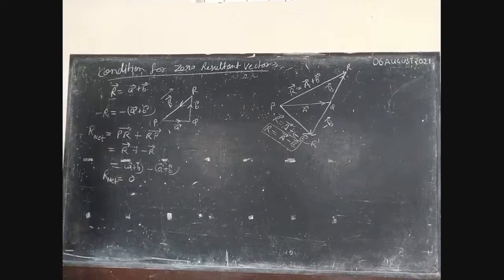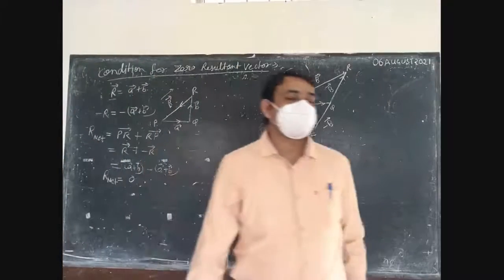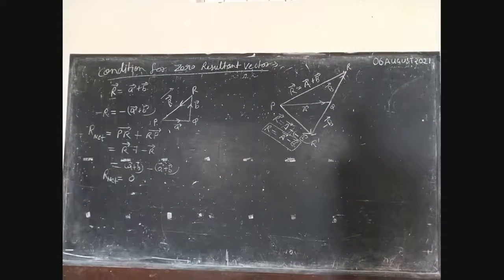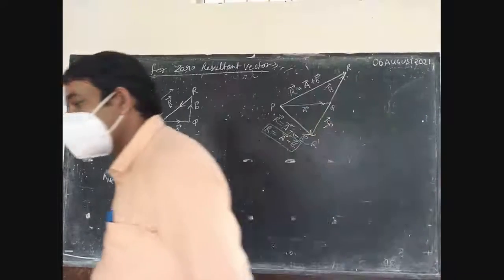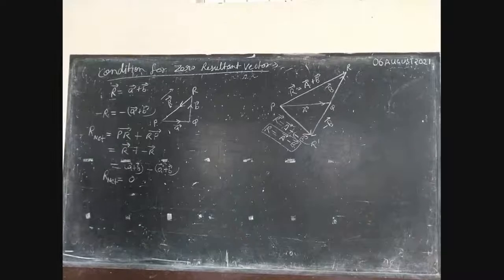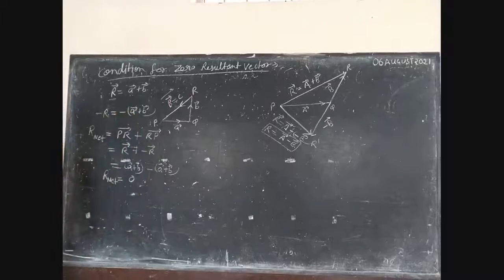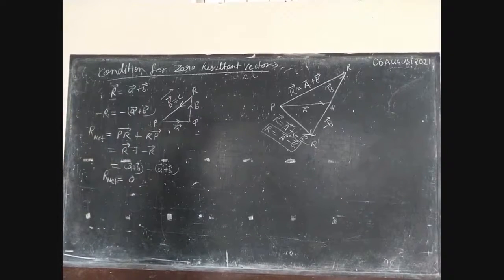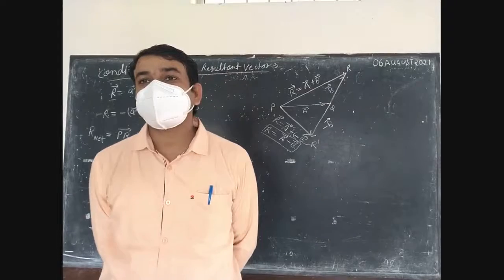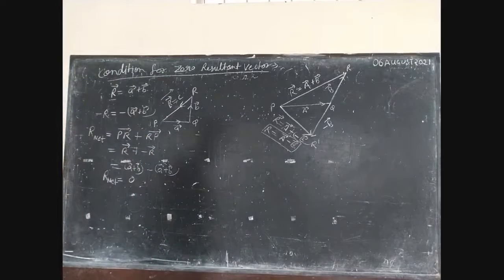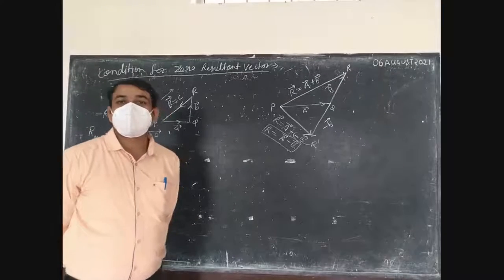Write the statement. If three vectors, vector A, vector B and vector C, acting along the sides of a triangle, are taken in one order, then the resultant of the three vectors is always 0.